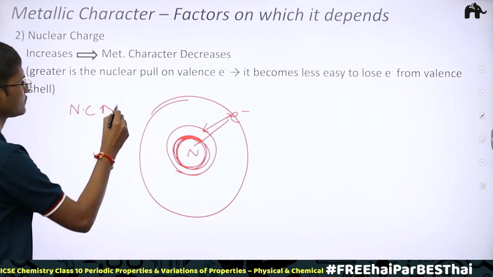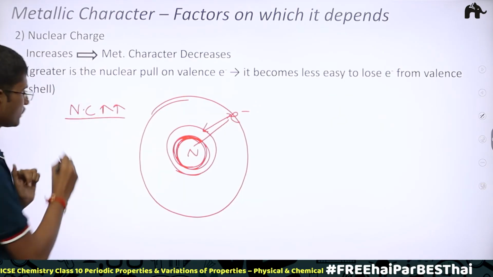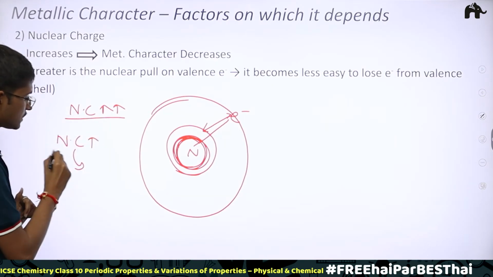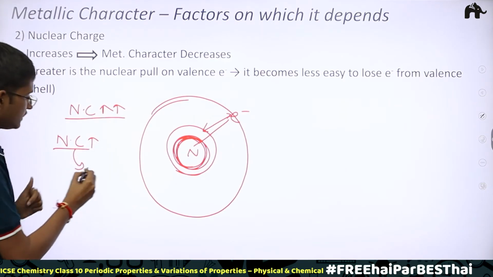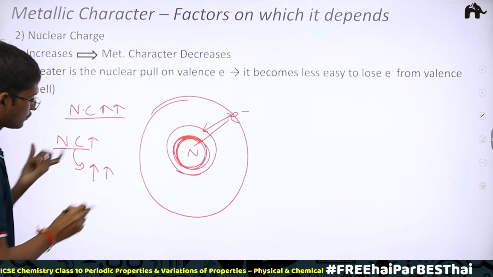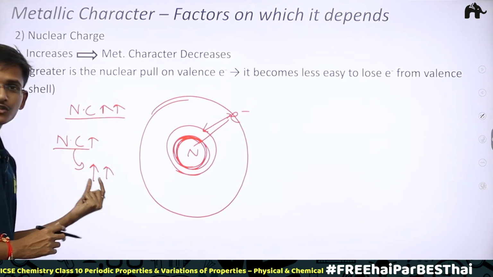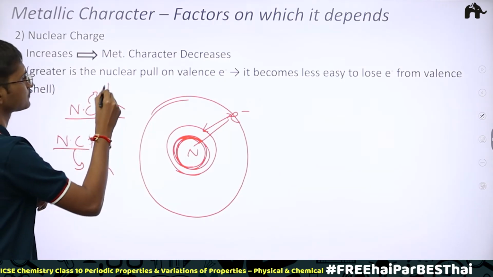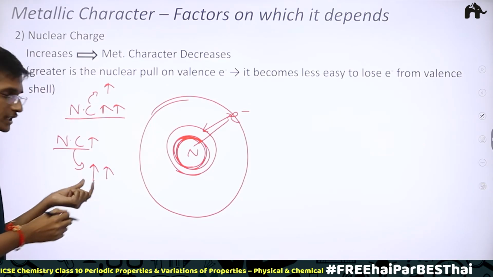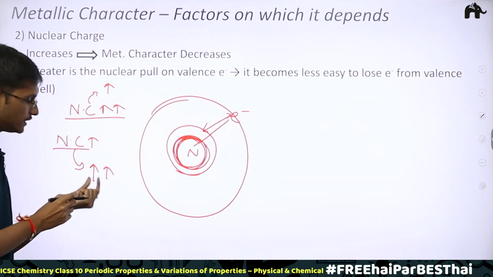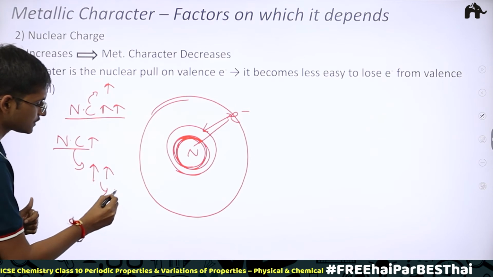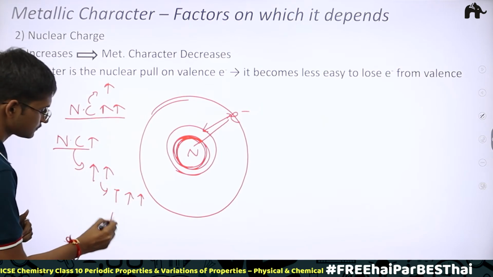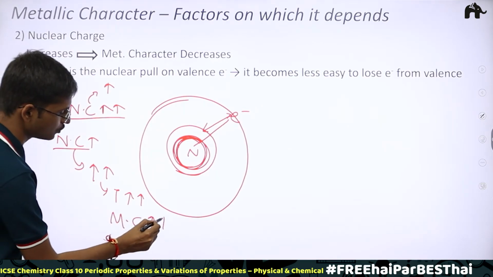So now I'm showing this increase with these two arrows. Previously nuclear charge was this much. So the ease, what we just now saw, is more here. When the nuclear charge was less, the ease to lose the electron was more. As compared to this case, the ease is less. Now, if the ease is more, the tendency is more. And if the tendency to lose the electron is more, then we know that metallic character is more.